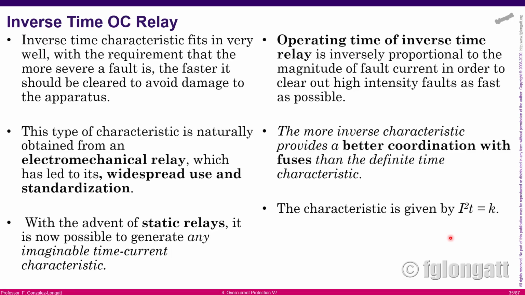Inverse time overcurrent relays were created mainly to have a time current characteristic that allows flexibility in order to fulfill some requirements about severe short circuit levels and a very fast detection and clearing. That is mainly the idea of the inverse time overcurrent relay.